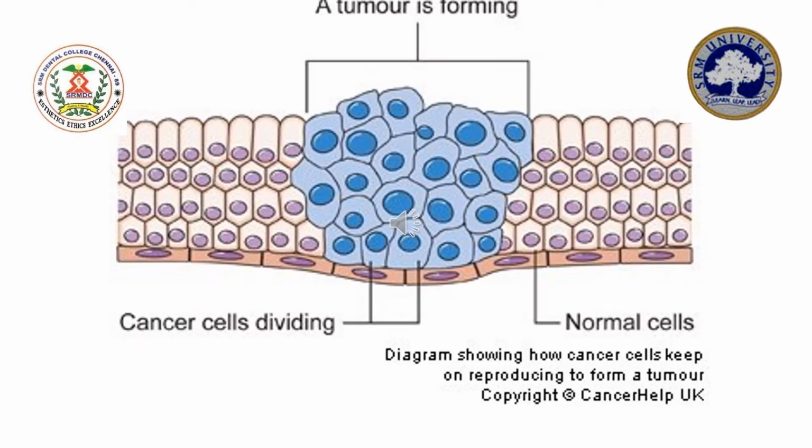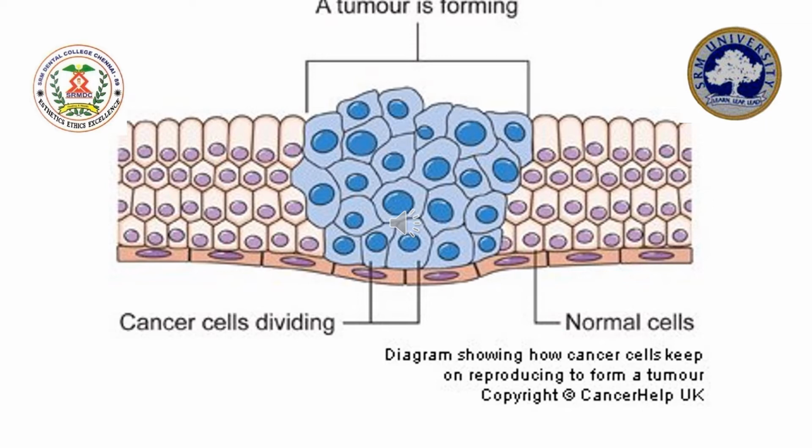As you can see in this diagram, there are two different types of cell. One is the normal cell, which is arranged equally, uniformly, and there are a specific number of layers. Whereas the one which is in blue, you can see how haphazard it is. It is uneven, it is of different size. The nucleus is so big and it is hyperchromatic.